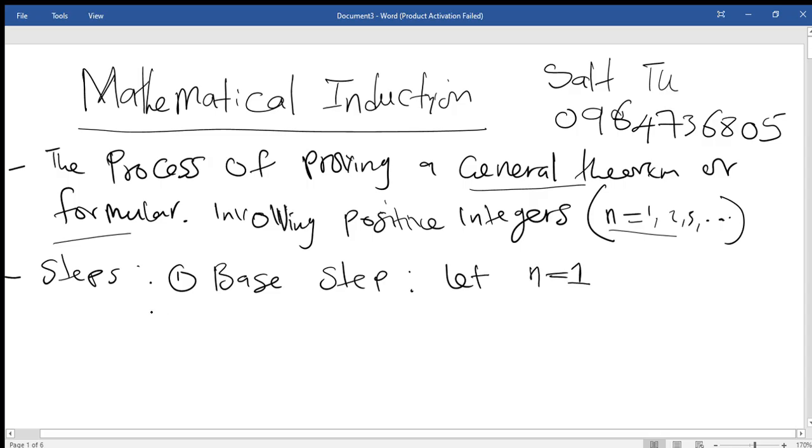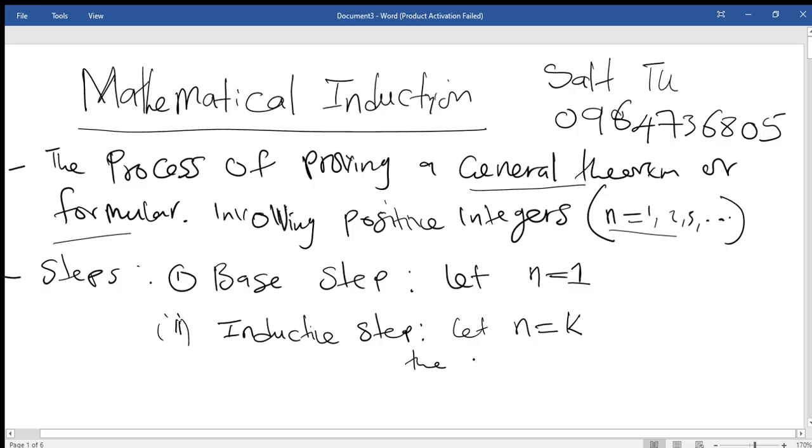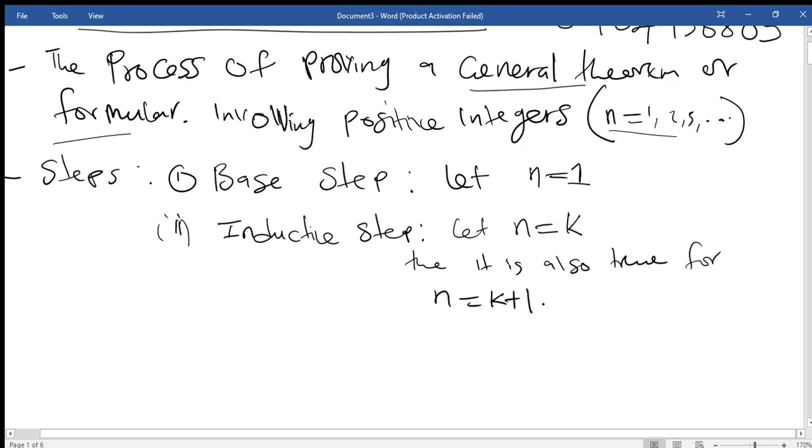Number 2, you show the inductive step, where you assume it is true for n equals k, and then show it is also true for n equals k plus 1. These are the major 2 steps we are using in mathematical induction.